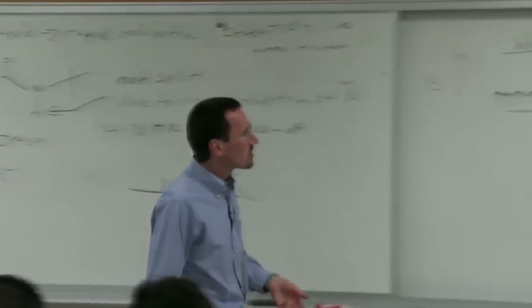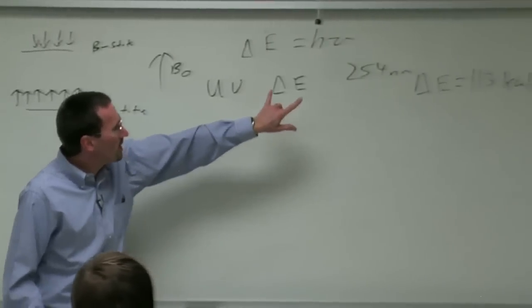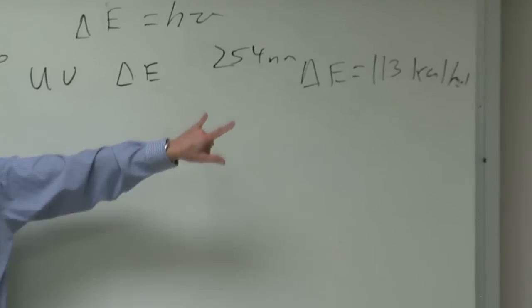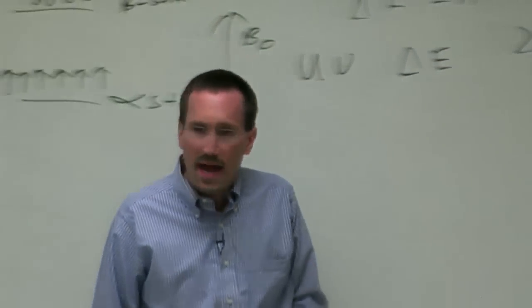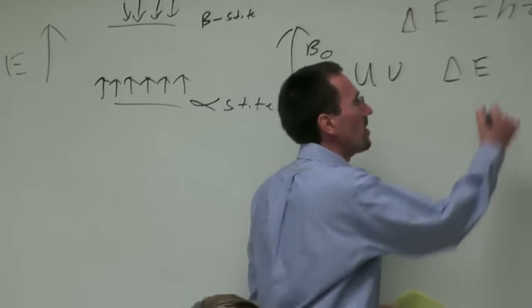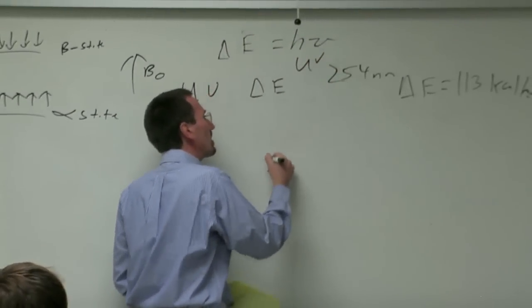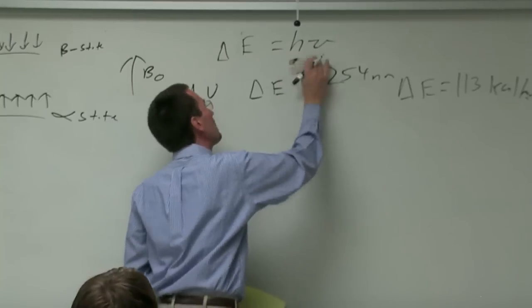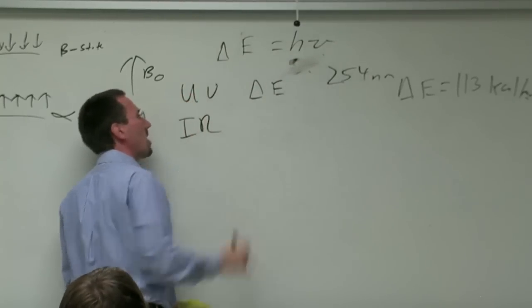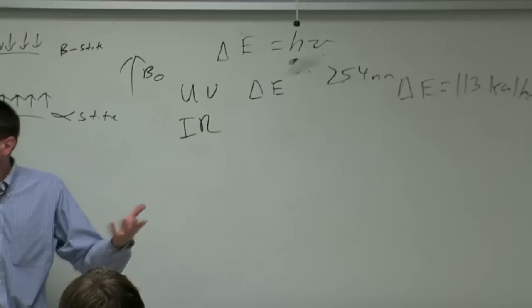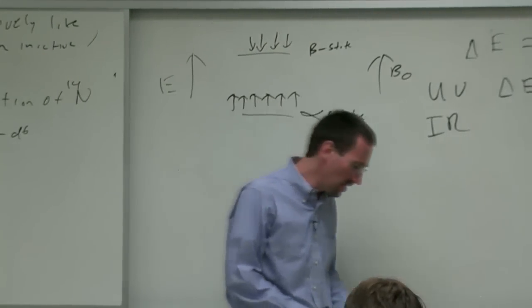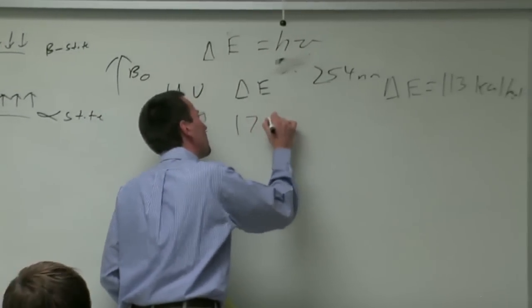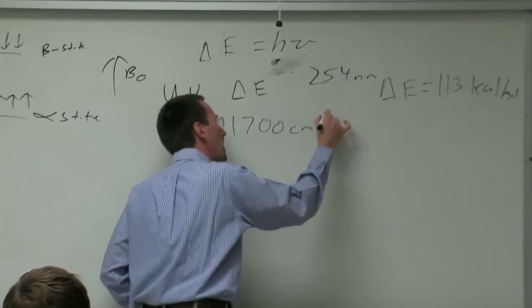In other words, the energy difference in the UV spectrum corresponds to the strength of bonds. And now if you think about IR, and I think about a typical stretch, well, we've been talking a lot about carbonyls. Carbonyls absorb at about 1700 wave numbers.